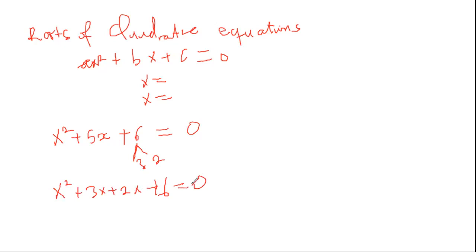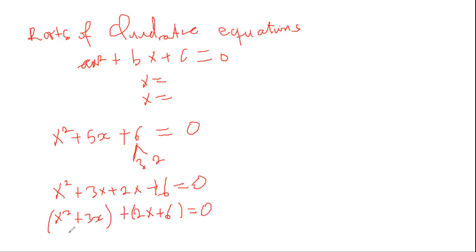Then from there we shall do the grouping. So we are going to say x squared plus 3x, that is one pair. Then we add 2x plus 6, that would be the second pair. Equate this to 0.